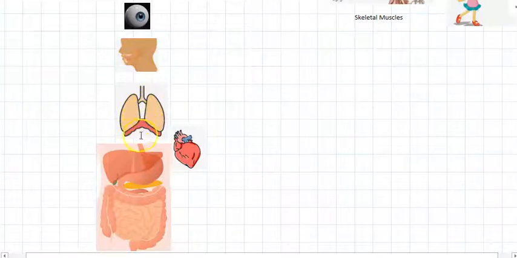The lungs, the diaphragm, the heart, the digestive system, and the liver and the pancreas, and a few other glands in the endocrine system too. So really, the endocrine system and the nervous system are linked a lot more closely than we first learnt. So many glands in the endocrine system can actually be controlled by nerves from the nervous system.